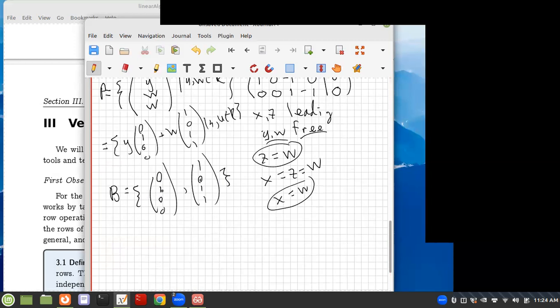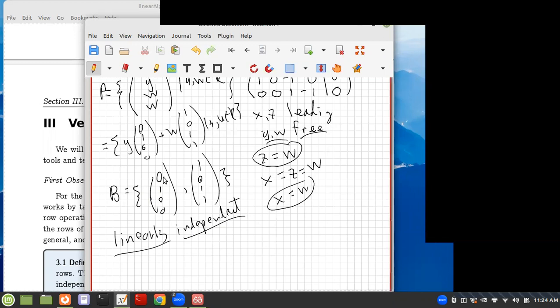If I take a times the first one plus b times the second set to 0, every time you have a 1 here, you have a 0 there, so that immediately sets the coefficients to 0. So this is clearly linearly independent. I mean, you could write it out. I'm just saying it so that hopefully that's clear.